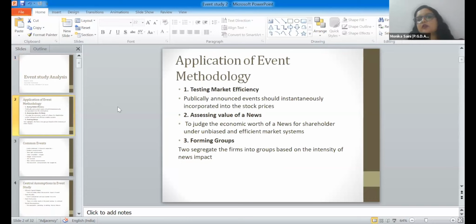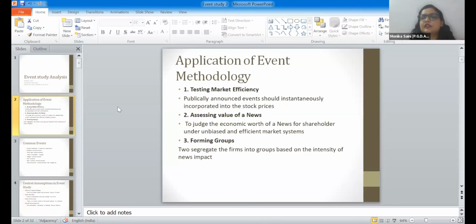Whenever we talk about event methodology or event study analysis, there are different applications of event study. The first very important application of event study is to test the market efficiency. We all have heard about the efficient market hypothesis, where we say that the stock price reflects all the available information.